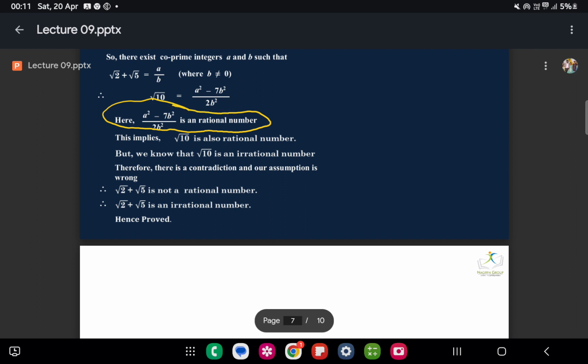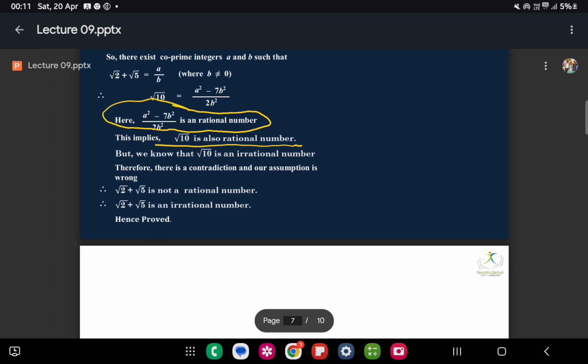According to the question, we have taken that root 5 plus root 2 is rational. We have assumed that one. Like that only we have taken this one, a square minus 7b square divided by 2b square is a rational number. This implies that root 10 is also a rational number.